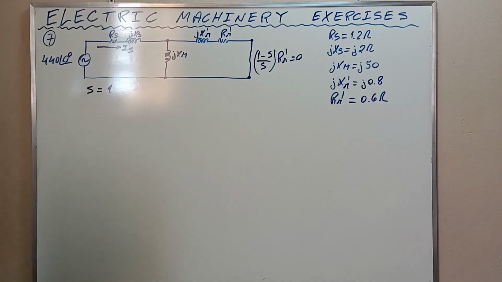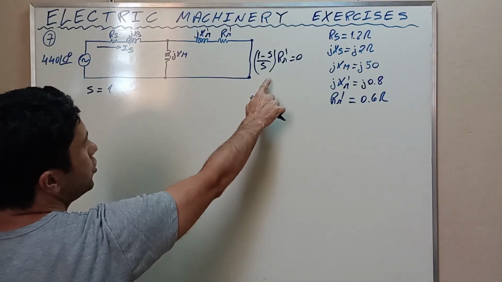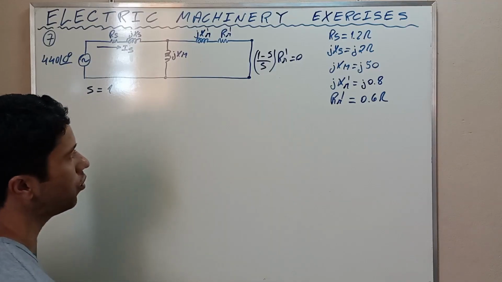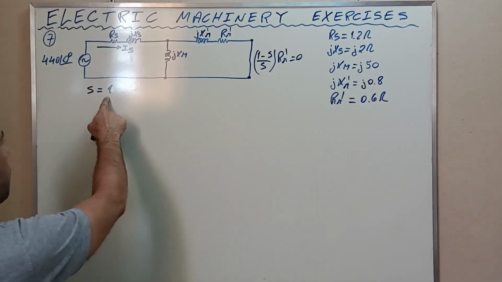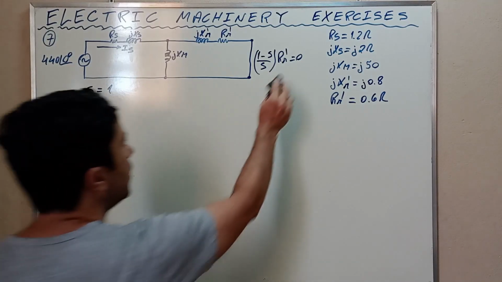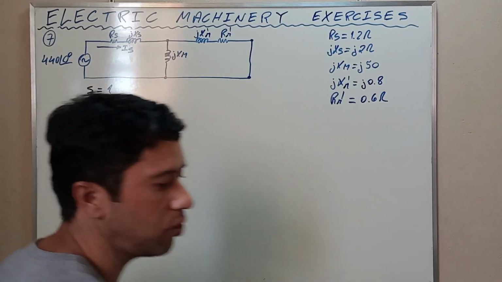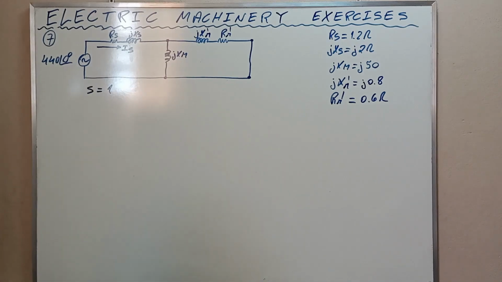When the slip is equal to 1, this resistance is equal to 0, since 1 minus 1 is 0, and the equivalent circuit is this.